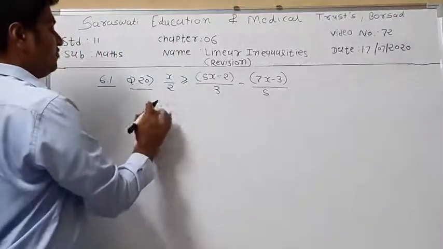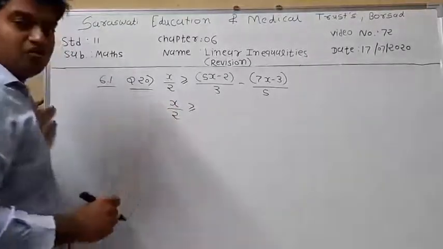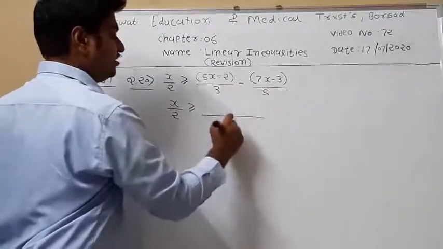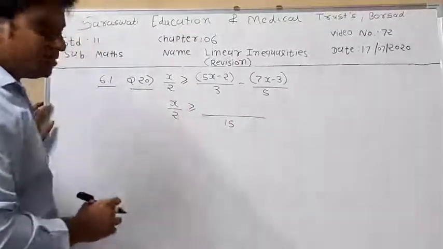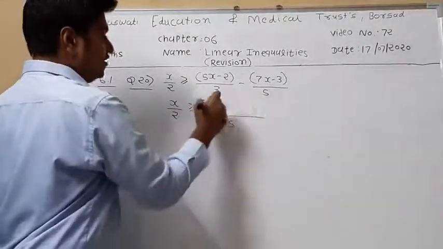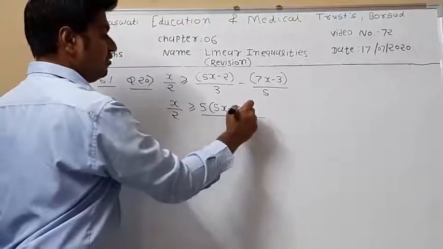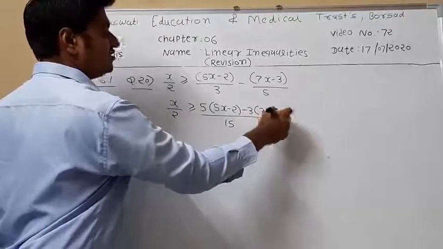Therefore x upon 2 greater than or equal to, now taking the LCM, 5 times 3 is 15. Now 5 multiplies the first bracket and 3 multiplies the second bracket. So 5 into bracket 5x minus 2 minus 3 into bracket 7x minus 3.